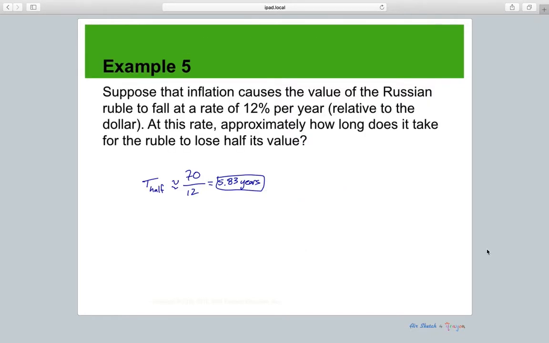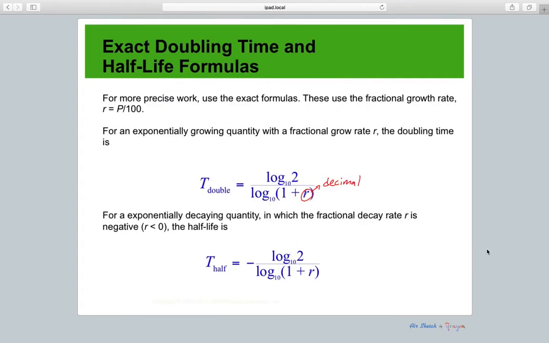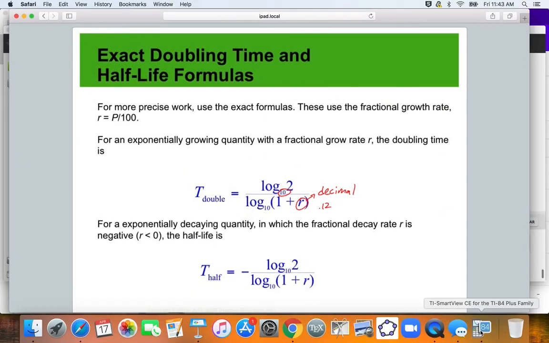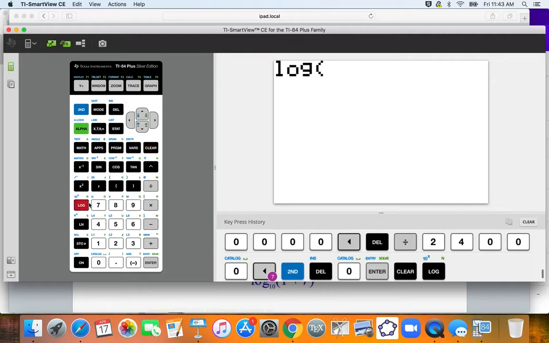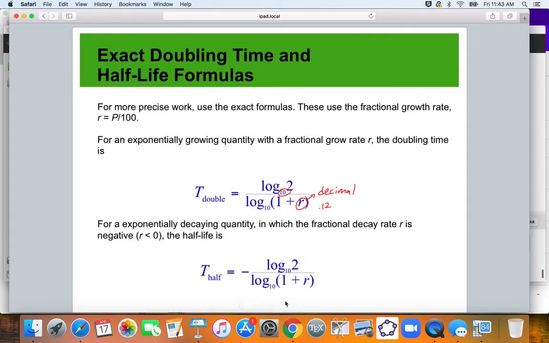So P is a percent, which is why I actually use 12 for P. R is a rate, so R, if it were 12%, we would let R be 0.12. Okay? So that's all you have to be careful about. In your calculator, the logarithm button that's called a common log, so it will be base 10. So you can find that button down here. So this is log base 10. All right. And so then we have the formula for exponentially decaying quantities here.